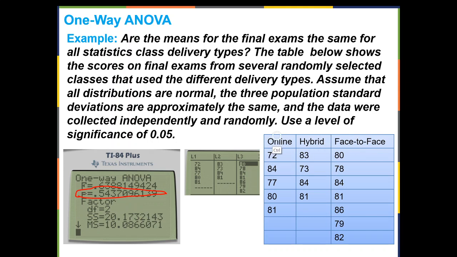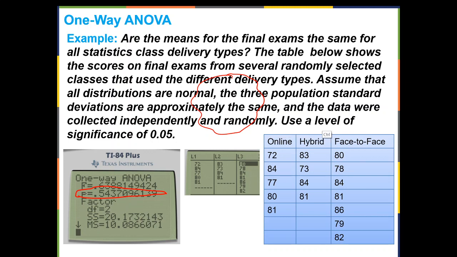So the question is, is there a difference between the average final exam scores in these 3 samples of all the students? So here we're going to assume that they all come from the same population of students, right? Now the question is, is there a difference?